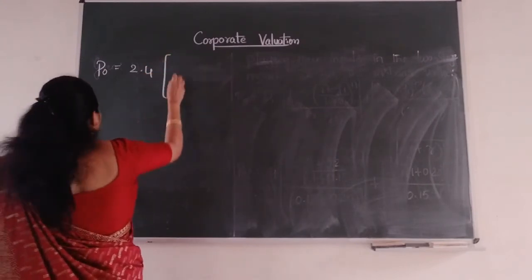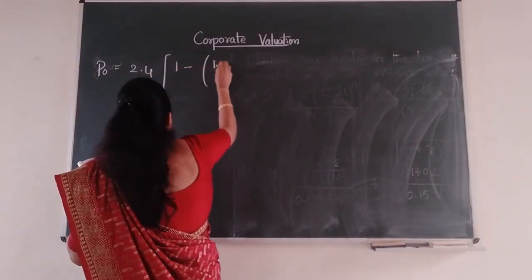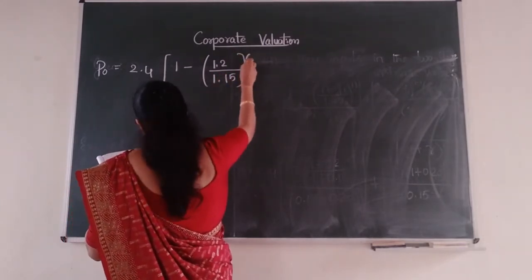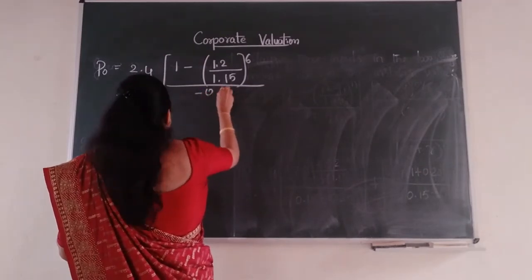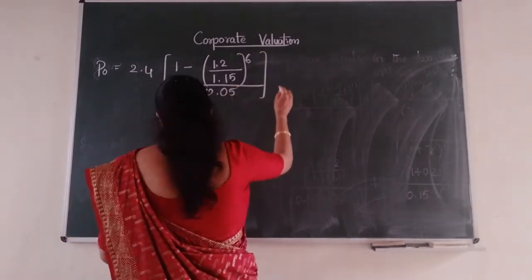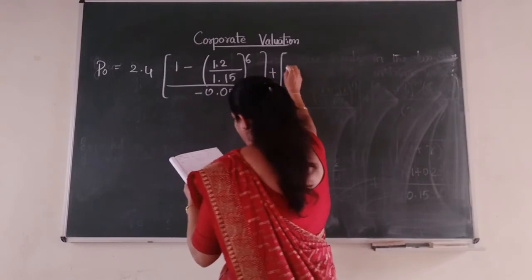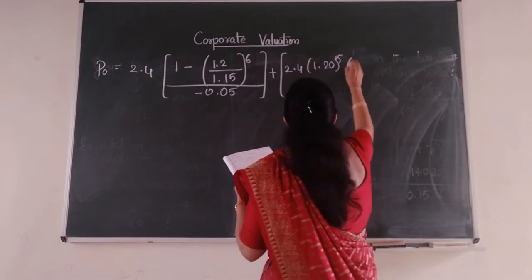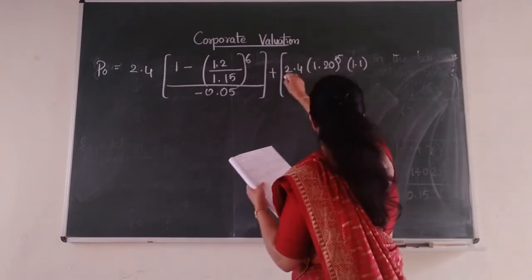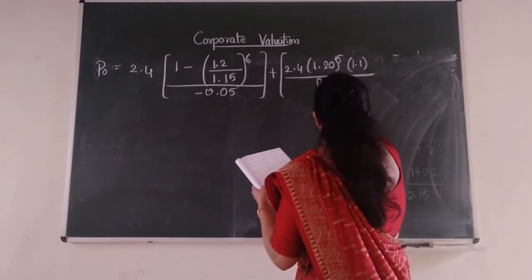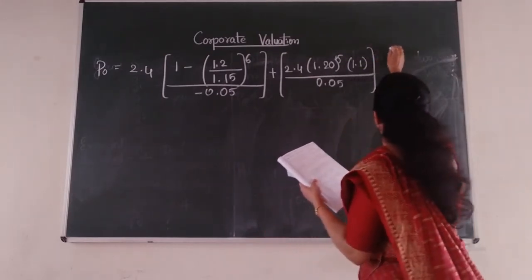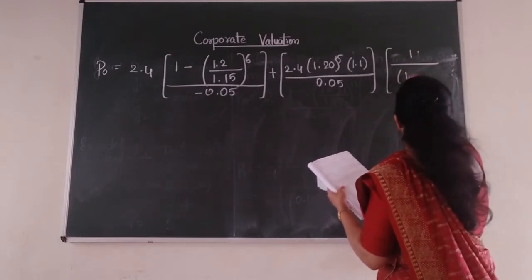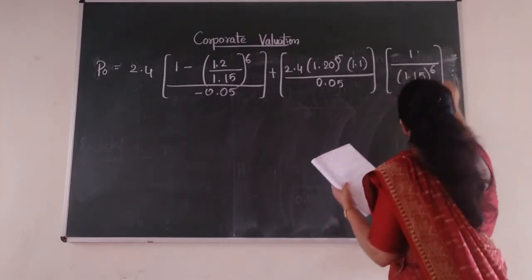2.4 multiplied by 1 minus (1.2 divided by 1.15) to the power of 6, divided by minus 0.05, plus 2.4 into 1.20 to the power of 5 into 1.1, divided by 0.05, multiplied by 1 divided by 1.15 to the power of 6.